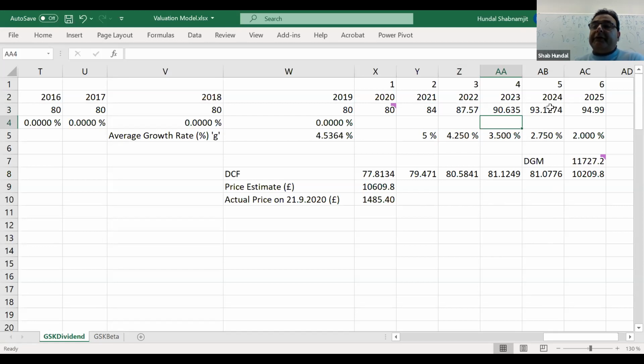In 2024, the shareholder would get 93. And when the dividend growth rate is only 2%, the shareholder would be getting about 95 pounds. I call them year 1, 2, 3, 4, 5. So I make some kind of estimate for this. Yeah, makes sense? So far the story is very clear.